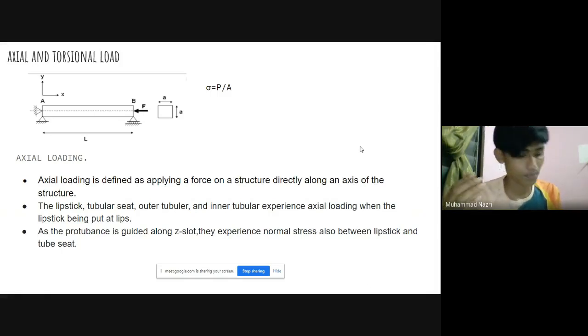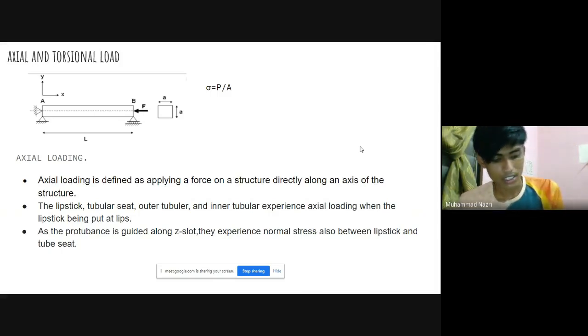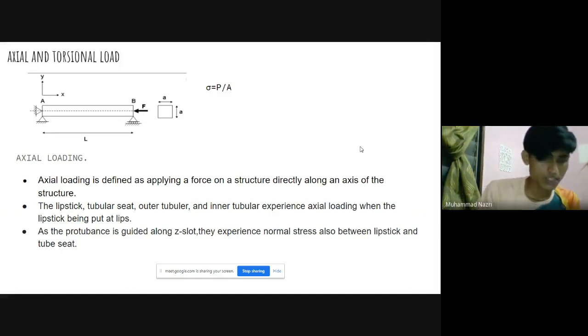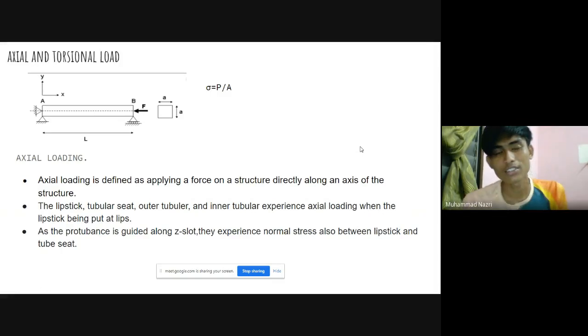So when we apply a force directly towards the beam, the component will experience normal stress. Normal stress we can define as an internal resistance that occurs in the linear material to an external applied load. The normal stress is either tensile or compressive stress.